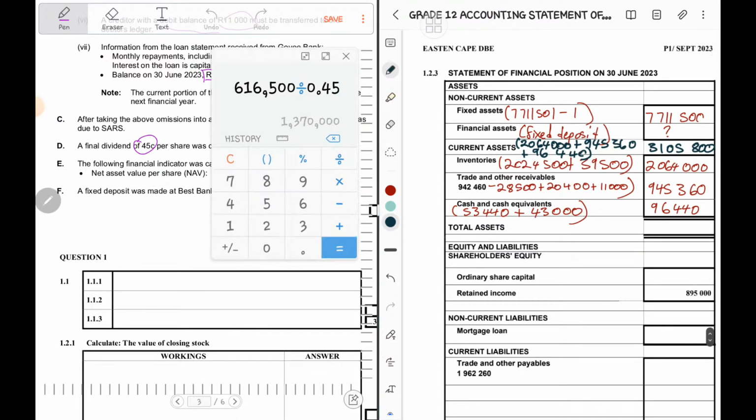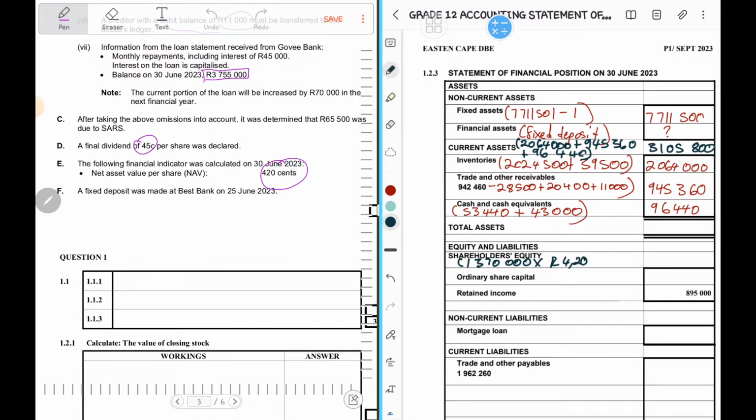So our shareholders equity will be 1,370,000. Then we multiply that by 420. The 420, remember, it's 420 cents, and if you take 420 cents, you divide it by 100, it gives you 4.20.